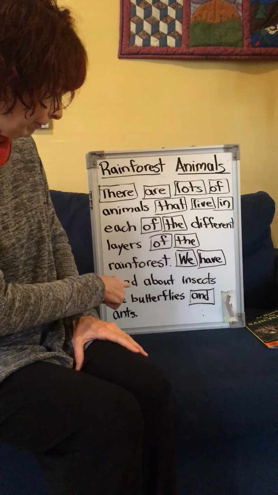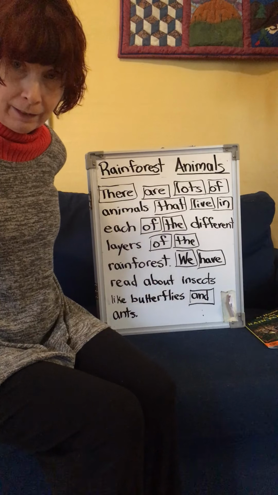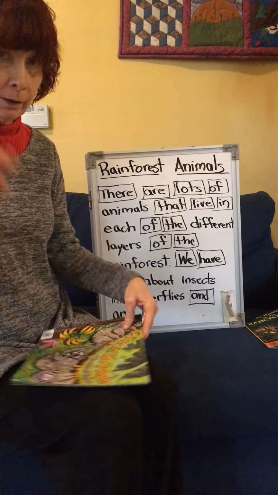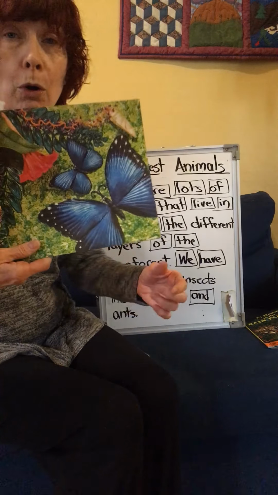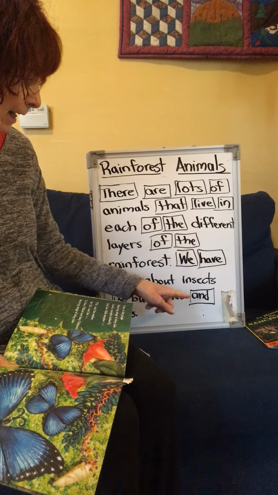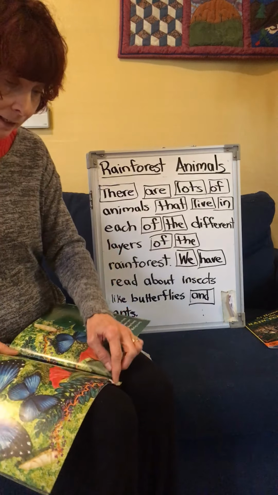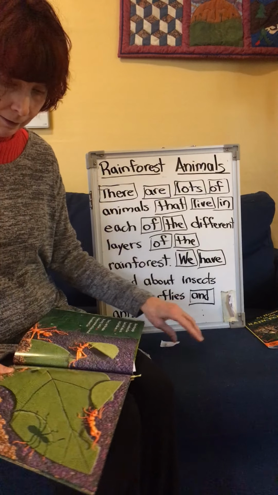We have read about insects like butterflies. If you remember yesterday's book, we had these beautiful blue morpho butterflies. We also had ants. We had those leafcutter ants.